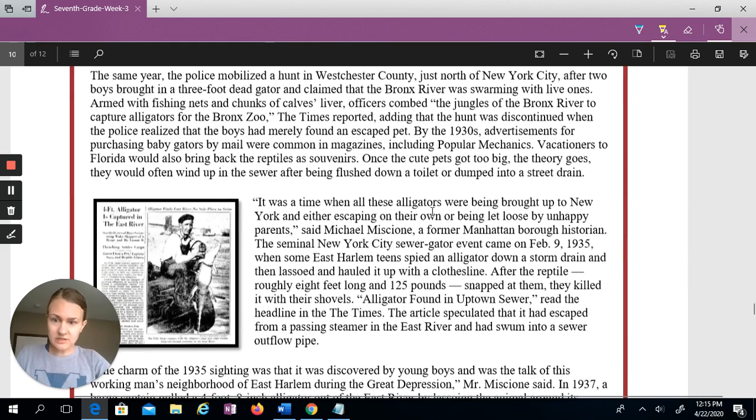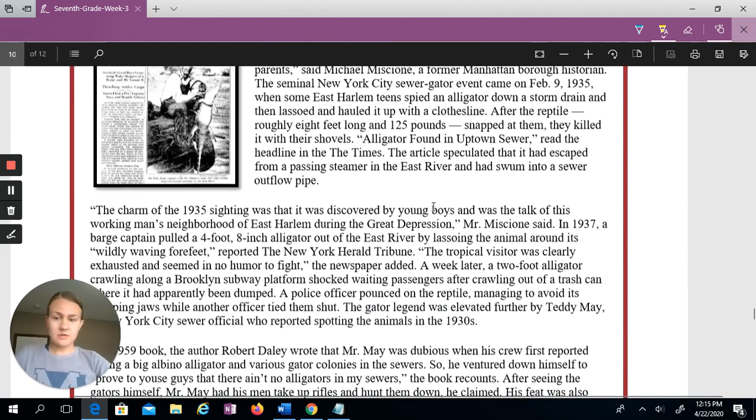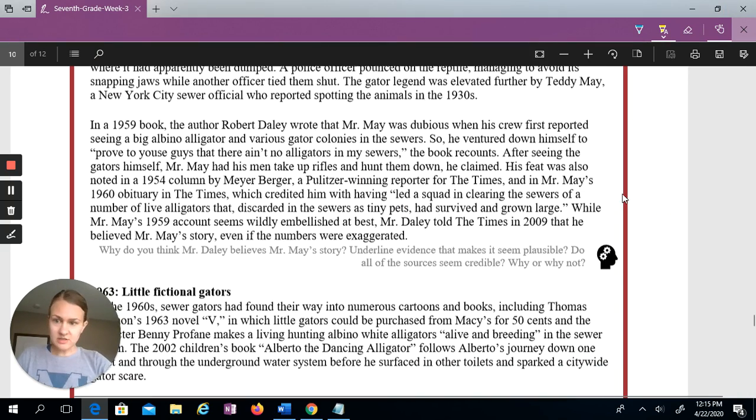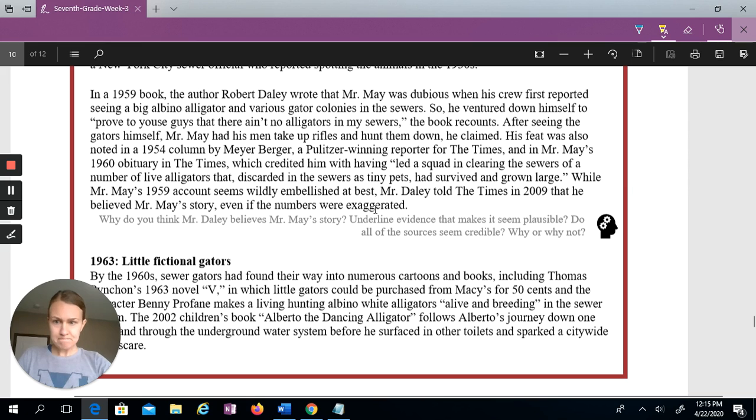Now let's go and find our next quote. We're going to scroll down, looking for quotes to support our central idea. Again, alligators have been found in the New York sewer system, but the stories about their size, amount, and characteristics have been exaggerated. We're going to scroll here, right here. While Mr. May's 1959 account seems wildly embellished at best, Mr. Daly told The Times in 2009 that he believes Mr. May's stories, even if the numbers were exaggerated.